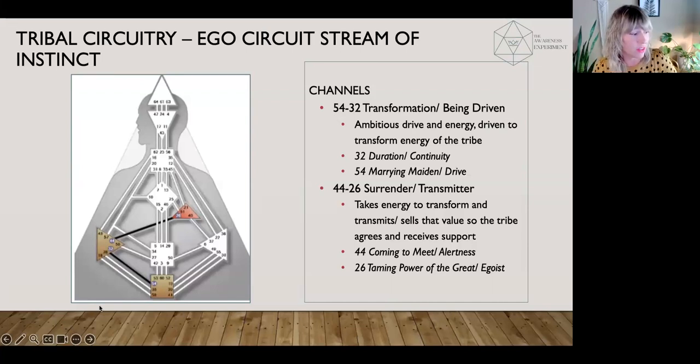If you think about it, these are projected channels. You have to be invited to transform, to have that drive and ambition. You need to be invited into the right tribe for that to express in its highest form. And same thing, you have to be invited to transmit the messaging of the tribe, but man, it is real.